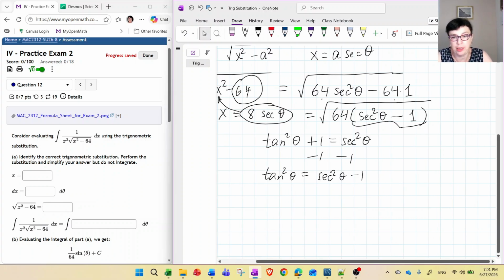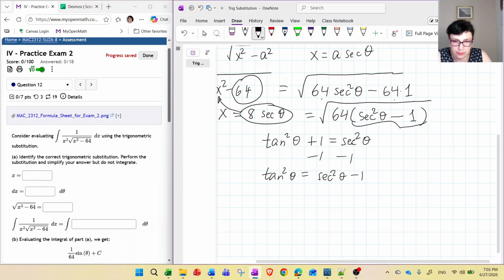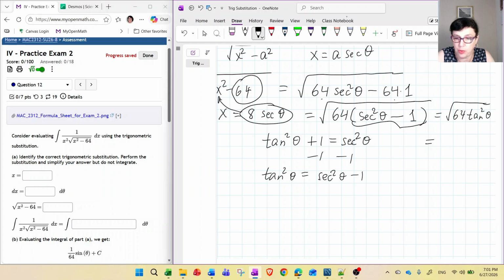Okay, so if I tried something else, like tangent squared minus 1, that is nothing. Only tangent squared plus 1 is something, but then it wouldn't work. But now it works. So here it's going to be 64, and then secant squared minus 1, that's tangent squared. So then when you take the square root, you have your 8 tangent theta.